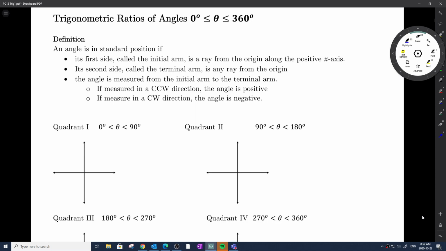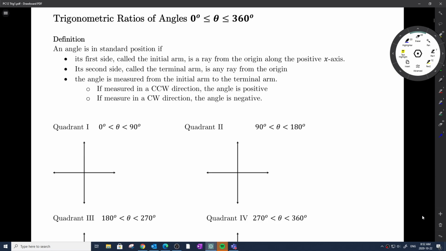And later on, what we'll discover is that trigonometry can also be the study of waves and circular motion. And this ends up being really important for the physical sciences.